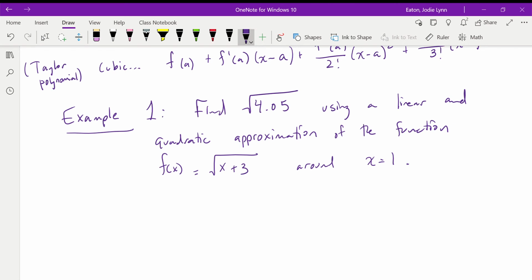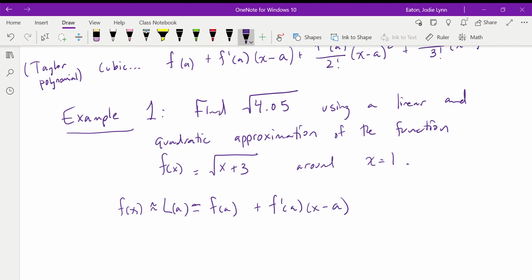So if we're trying to do the linearization in that region, we're going to let our a equal 1. So f of x is going to be approximately equal to L of x, where L of x at A is equal to f of A plus f prime of A times x minus A. So our point A is going to be 1.